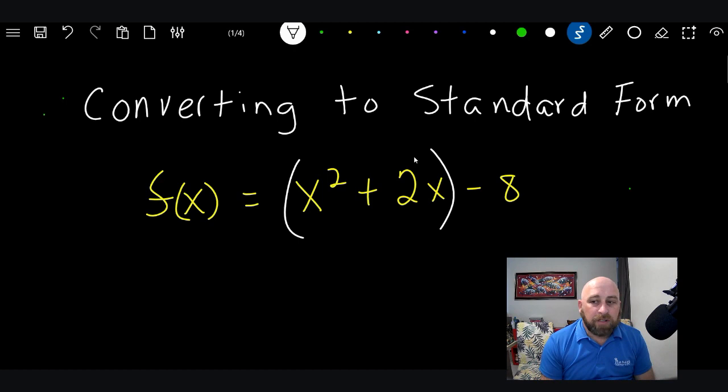Now, the book says there to factor out common factors, but that's not exactly right. I believe that's a little bit of a misprint there. If you were factoring out common factors, you would take out the x, right? But we're not going to factor that out.